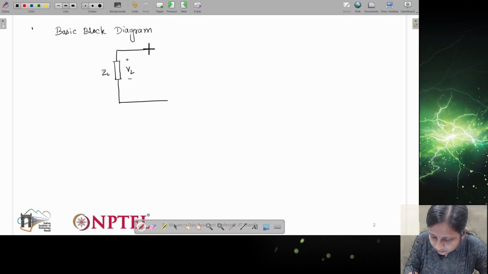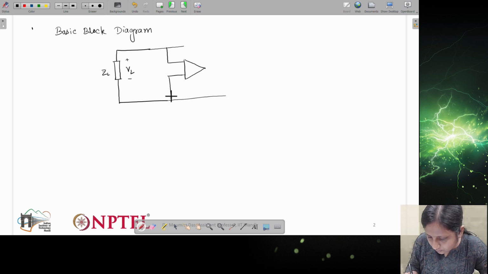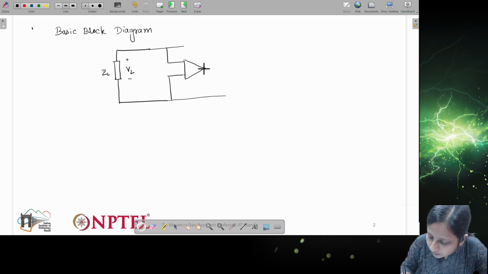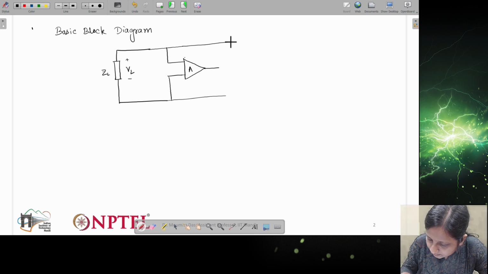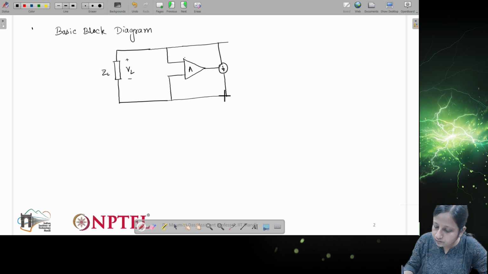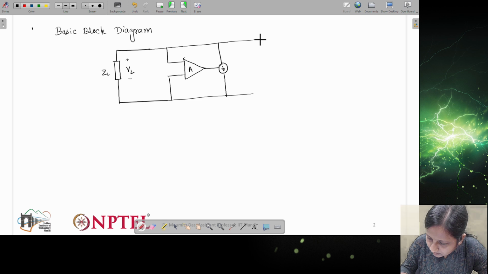This is connected to one op-amp. For this op-amp, we can represent the attenuation as M. It provides the noise suppression signal in terms of current.